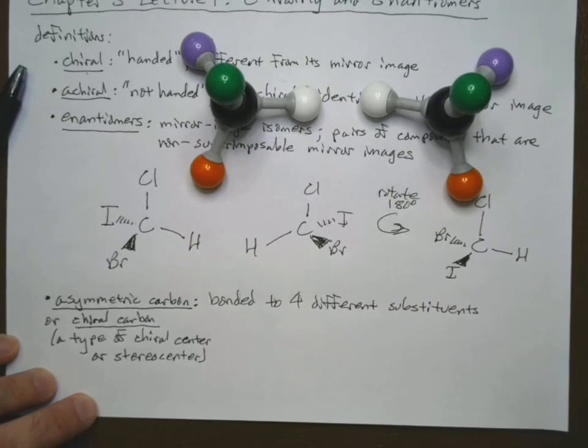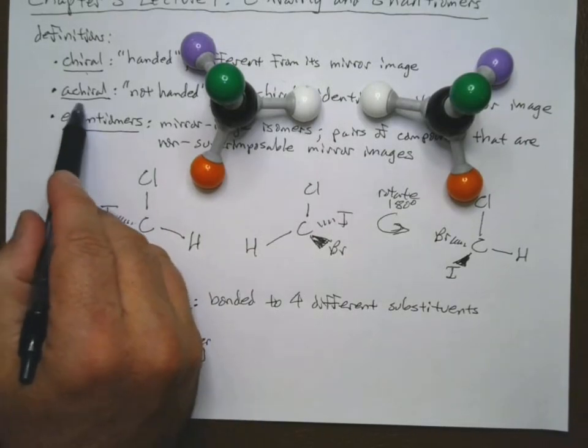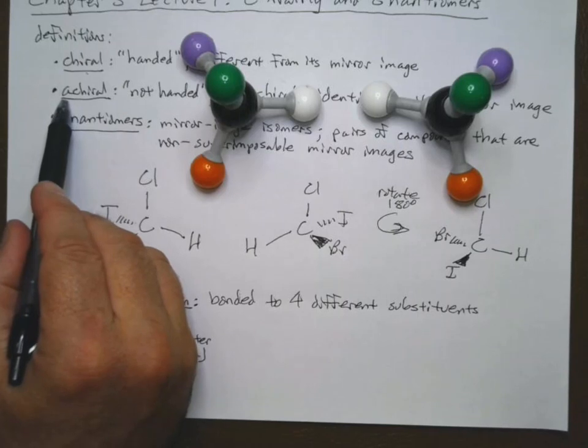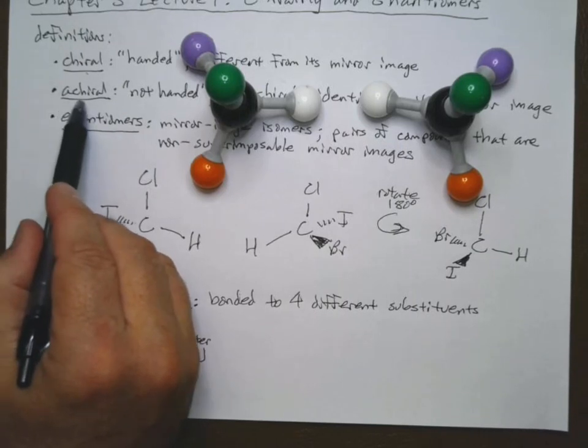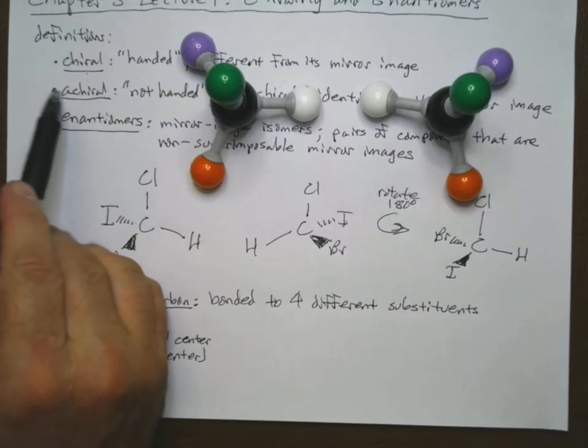If you have one chiral carbon, the molecule will be chiral. If you have more than one chiral carbon, the molecule could be chiral, or it could be achiral, or not chiral. I tend to say not chiral instead of achiral because if you say it too fast, it sounds like achiral carbon. No, it's achiral. Anyway, let's just stick with not chiral.